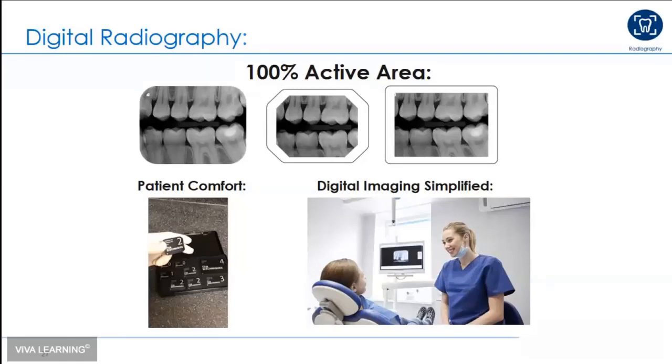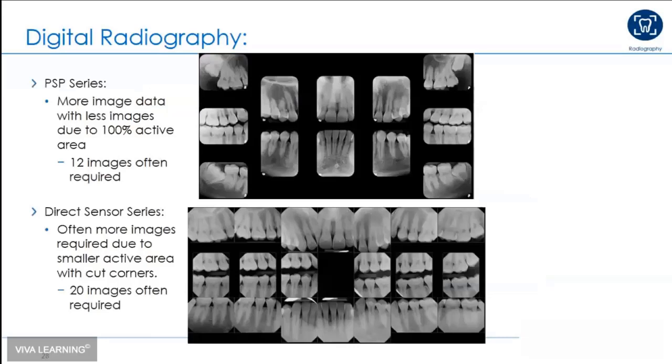You open it, drop it into the transfer box, then you can deglove and then handle the film in a sterile fashion. When we look at the image capture that we see here compared to a direct sensor, look at the image capture on the top series of radiographs and how we got the same information with less film.